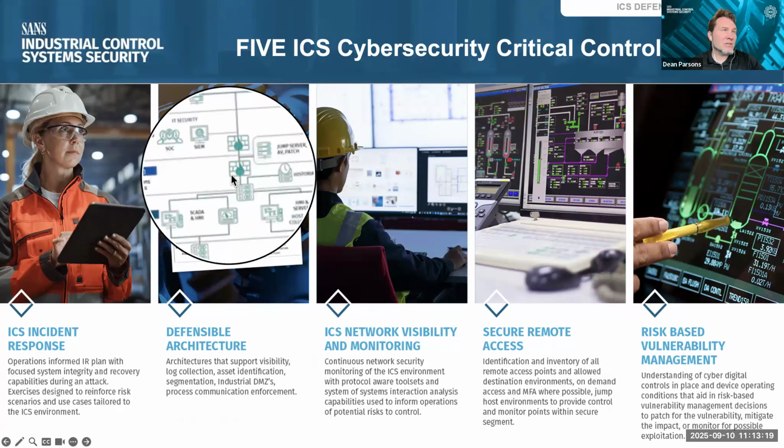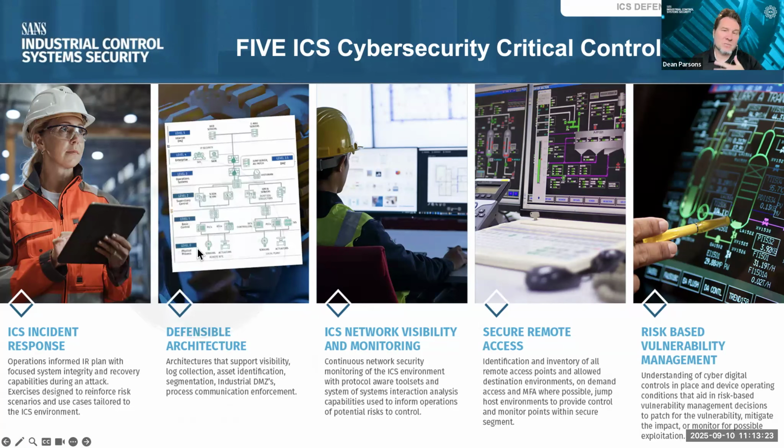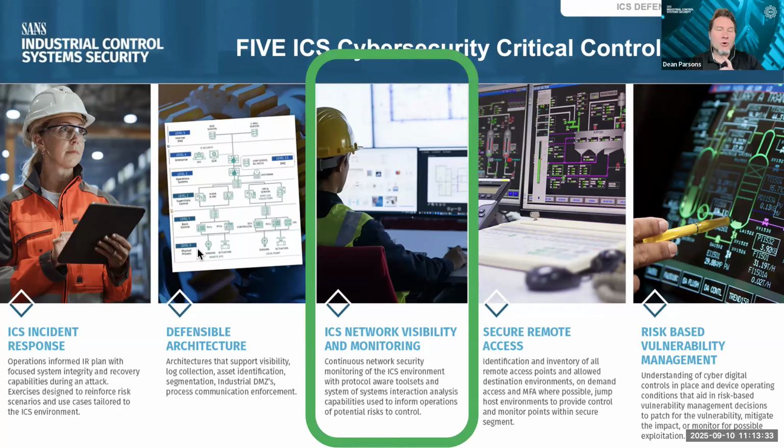You can actually use this to pivot out and have different sub networks in your control system environment using industrial grade firewalls that allow you to not only segment, but give you packet captures as part of the visibility piece we're going to hint at. So our purpose today is only going to focus primarily on this one, which is ICS network visibility. I'll come back to this in a second.